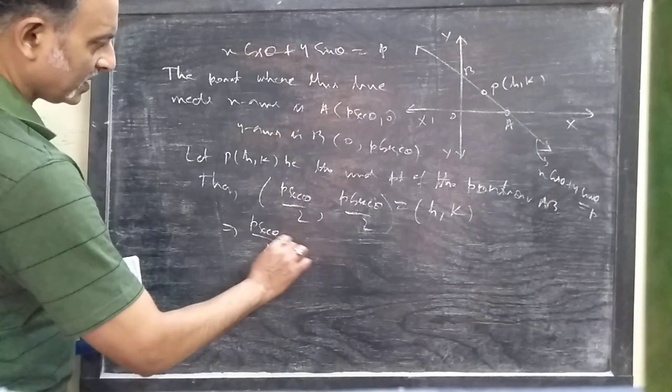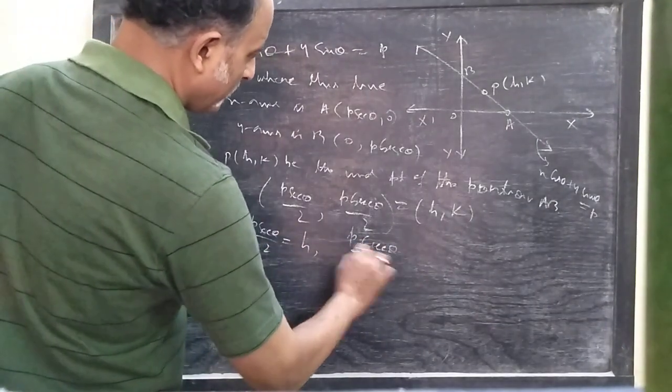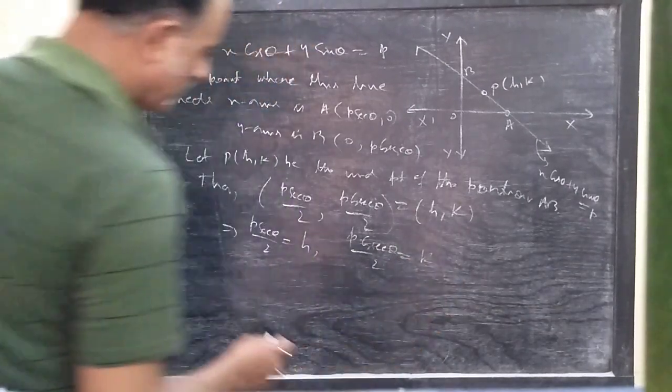That implies p sec theta by 2 equals h and p cosec theta by 2 equals k.